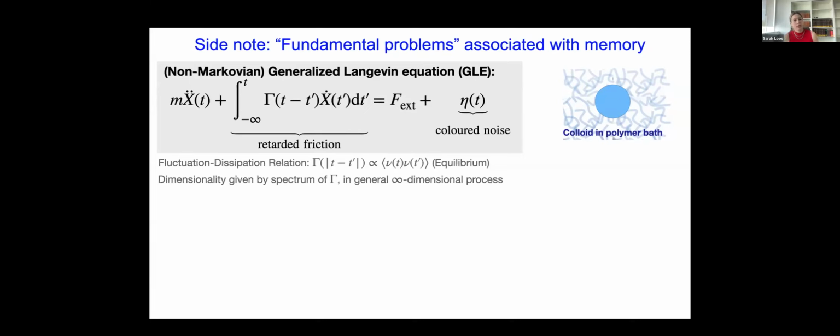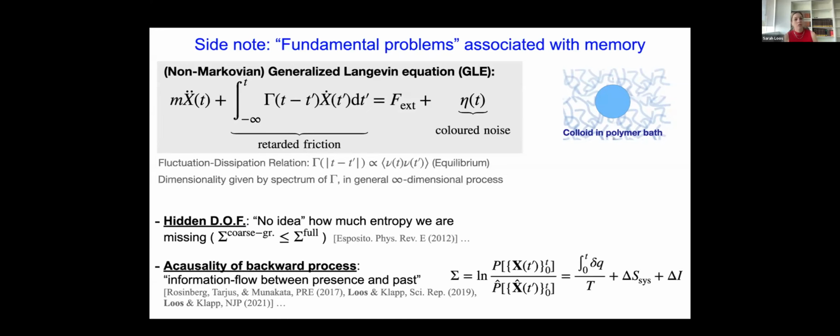Now, from a mathematical point of view, as a side note, the dimensionality of the system is now given by the spectrum of the friction kernel or memory kernel. And in general, that can be infinite dimensional, which is already an indication that it can be quite tricky to solve these problems in general. And now if we're thinking about thermodynamics, there are 2 fundamental issues, if you like.